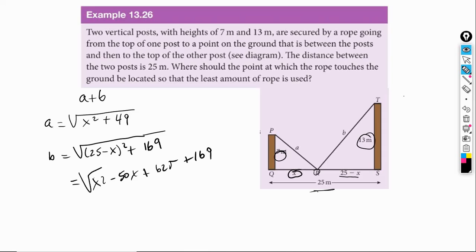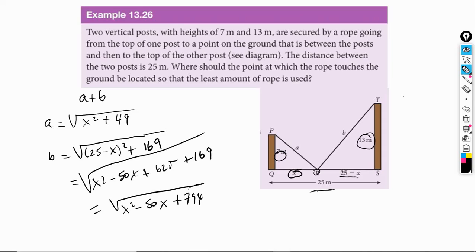Of course, square root of all this, and this is going to end up being equal to the square root of x squared minus 50x plus 794. Okay, so that's A and B.